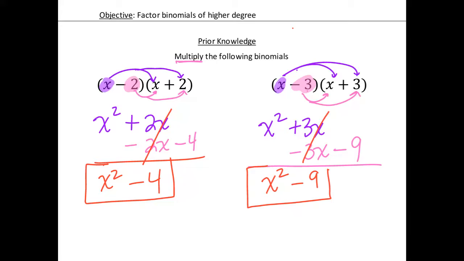So what did you guys notice? What happened to the middle term in both cases? Got canceled out. They both got canceled, right? Positive 2x minus 2x, it got canceled. Positive 3x minus 3x, those got canceled. What did you guys see in the setup of both examples? What did they have in common?